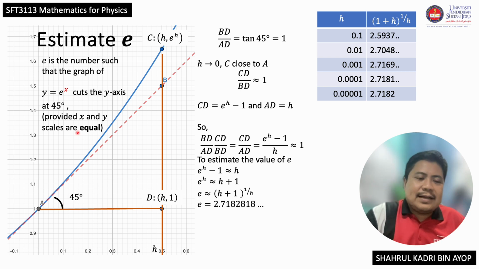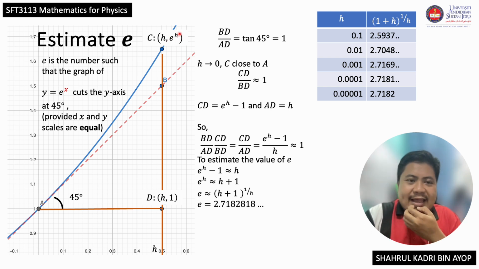From this graph, let's define several points. We have a point D, at a distance h from the origin. It is at y equal to 1 because the graph cuts the y-axis at 1, and then we take any point on the graph located at h on the x-axis, with y equal to e to the power h, because e to the power x with x equal to h.